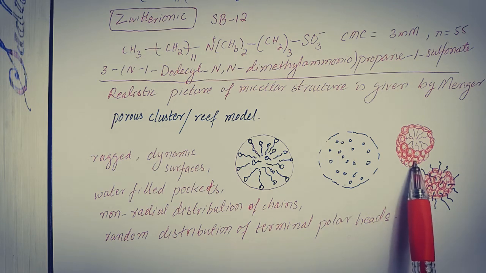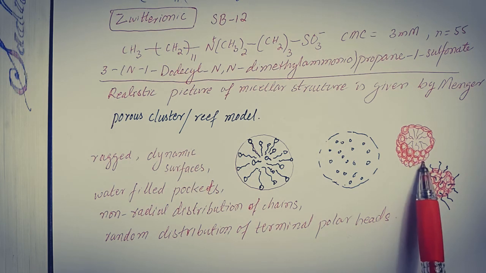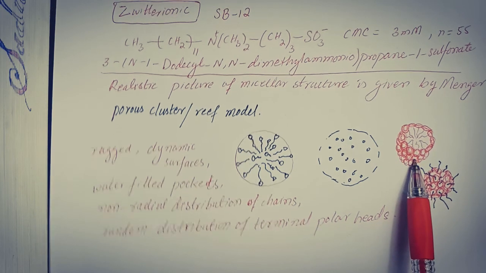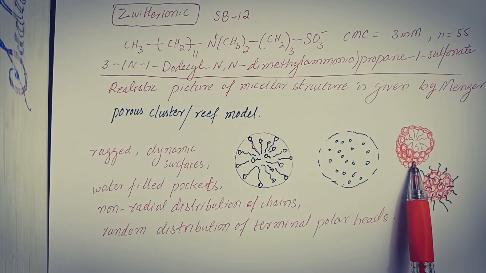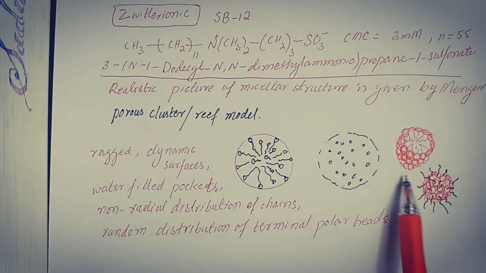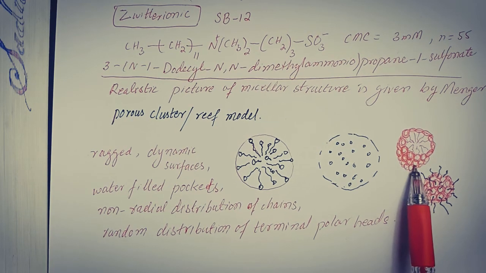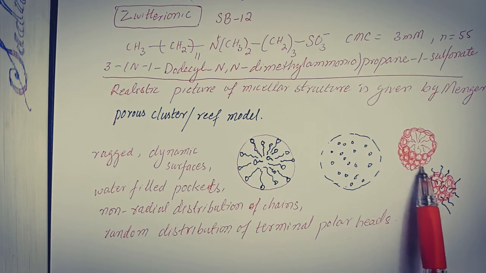So these polar heads are not stable, they are changing position within this micelle, and this micelle may have a spherical or ellipsoidal or any irregular shape in which the polar heads are randomly distributed.